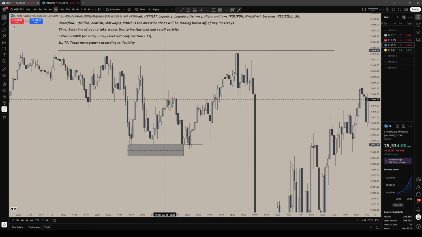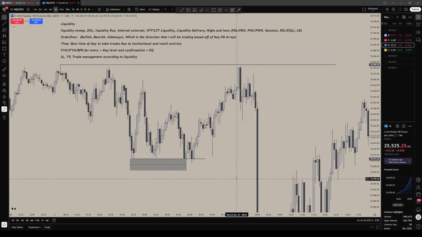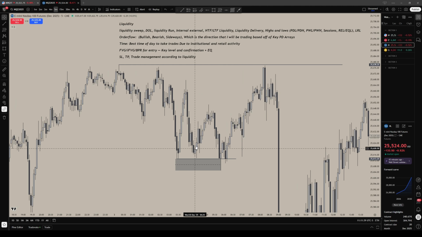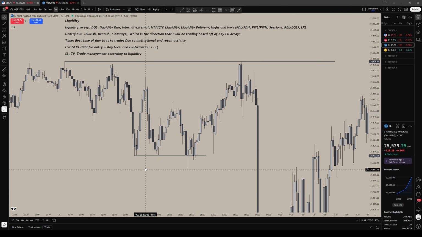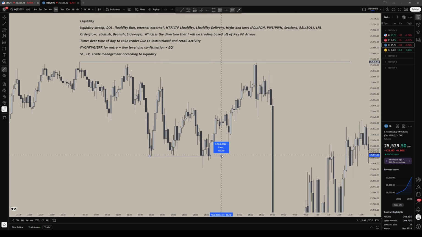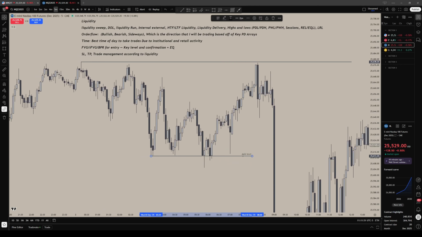Price went here, a lot of sell stops have been hit, which allows for a lot of buy orders to be placed and price to go up, or the start of the move up, at a very discounted price, which you could compare to supply and demand or support and resistance, whatever you want. If you look at support and resistance and supply and demand as zones, and the areas under levels, then it's a similar principle. But this right here would be sell side liquidity.